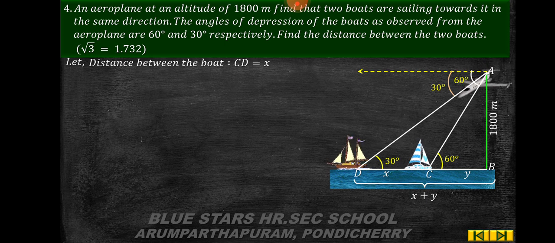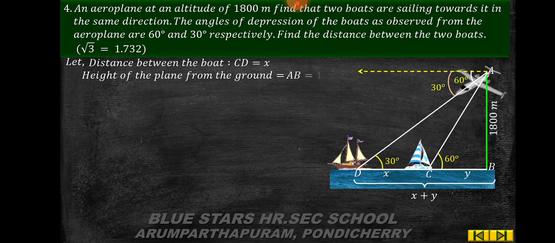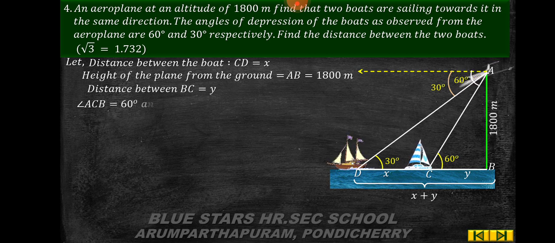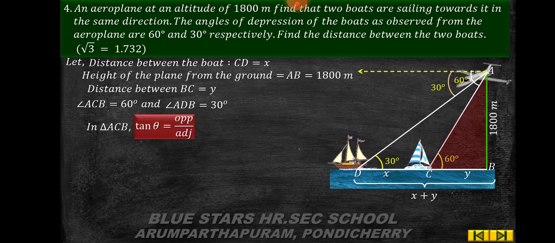Let the distance between the boats CD be equal to x and the height of the plane from the ground AB be equal to 1800 meters. So the distance BC is equal to y, angle ACB is equal to 60 degrees and angle ADB is equal to 30 degrees. So first we are taking triangle ACB. Tan theta is equal to opposite by adjacent.